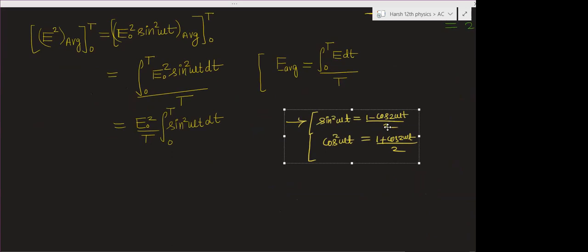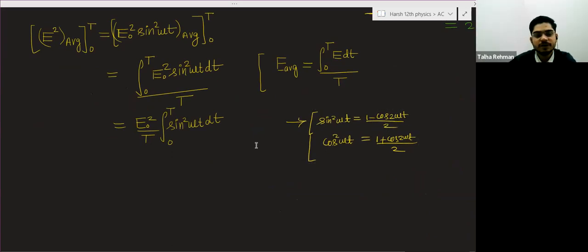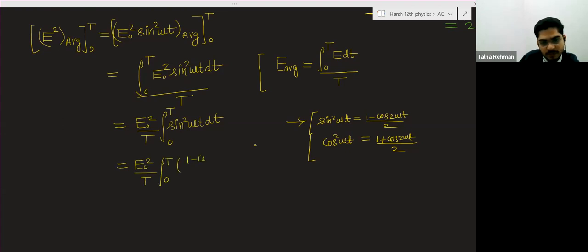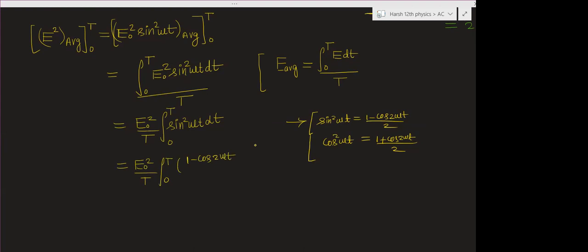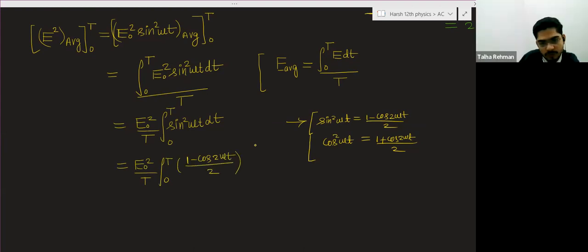So we will put E naught square by T, from 0 to T, sin square omega t as (1 minus cos 2 omega t) by 2. Now you can take this 2 out of the integration, so it will become E naught square divided by 2T. Finally you are doing the integration from 0 to T of (1 minus cos 2 omega t) into dt.